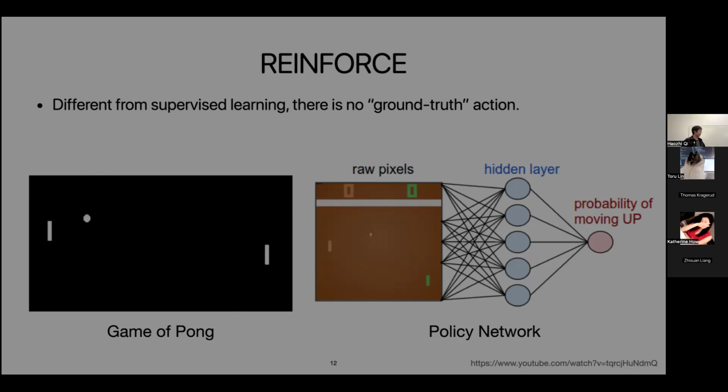Of course, in the next lecture we might talk about behavior cloning, where you have humans label that. But in a more general formulation of reinforcement learning, we want to learn from the reward provided by the environment to guide this policy network to win the game.